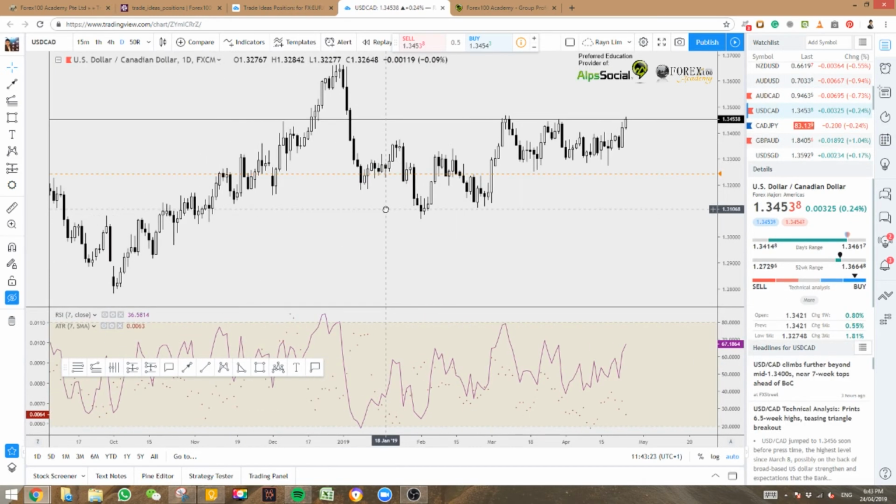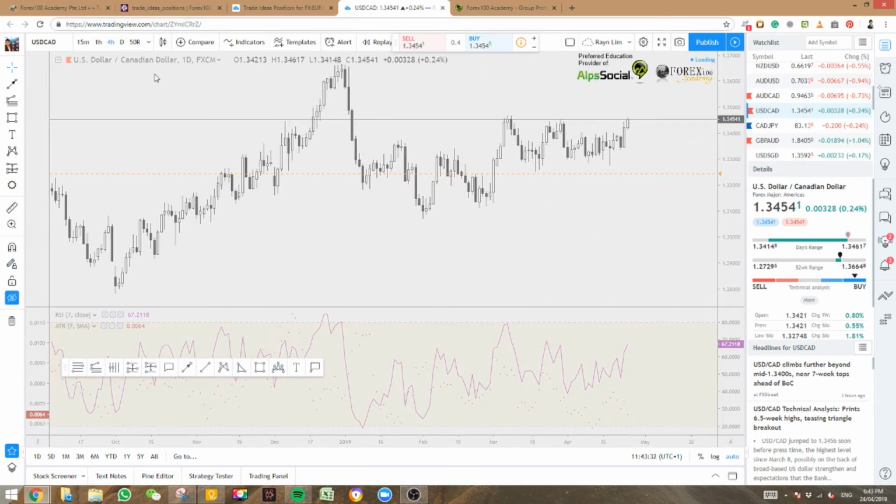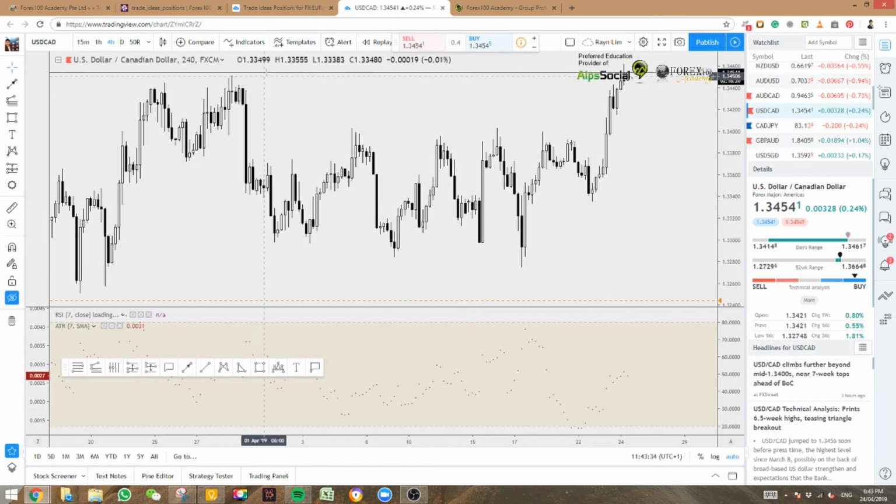Alright, so on the dollar cat, market did go up, came down. You have this retracement, went up again, consolidation, head down to the 4-hour chart. This is what we have.